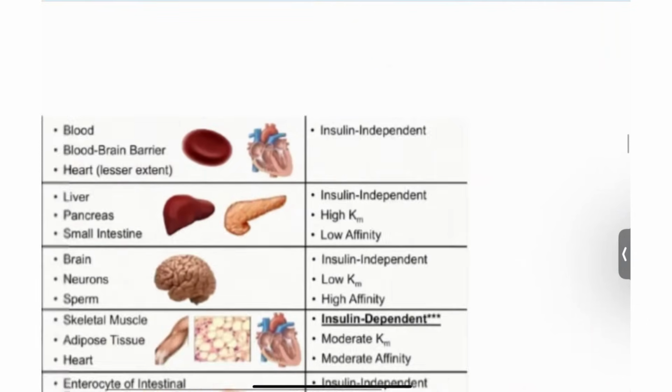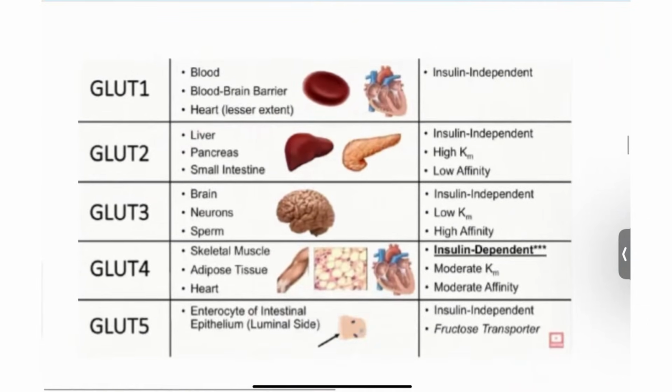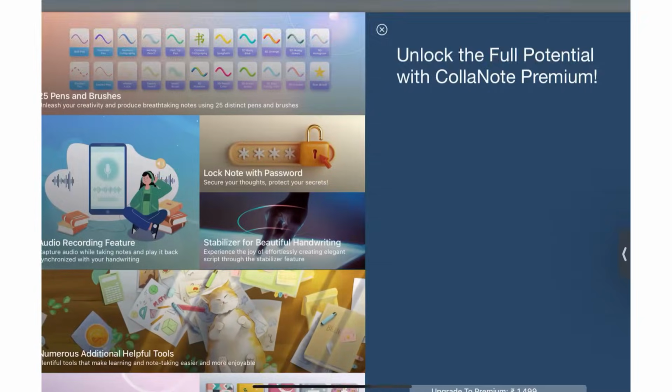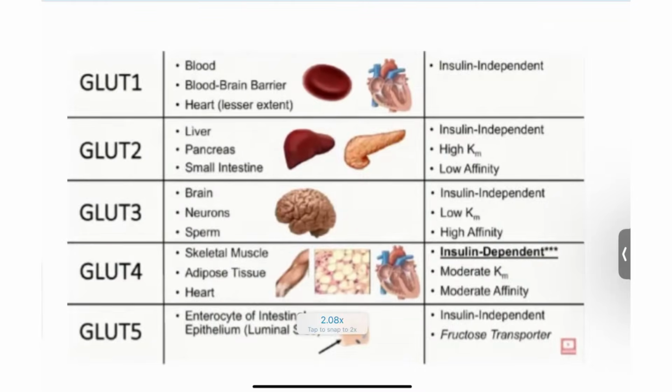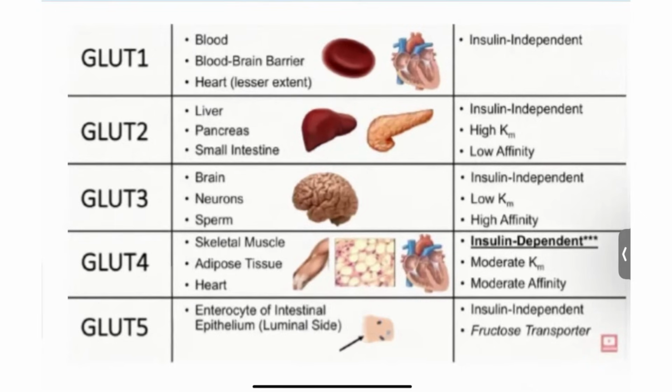Next, coming to the important part, this can be a direct question also. Gluts and what are the organs where they are present. See, GLUT 1 will be present in the blood-brain barrier, heart and the blood, RBC. Okay, RBC is also seen with GLUT 1. Next, GLUT 2 is seen in the liver, pancreas and the small intestine. GLUT 3 will be present in the brain, neurons and sperm.